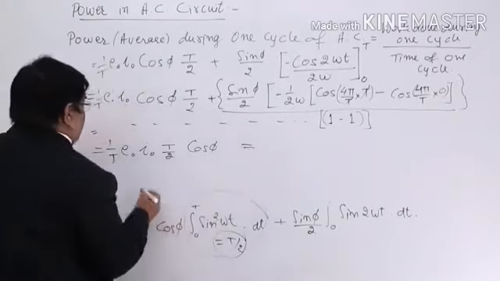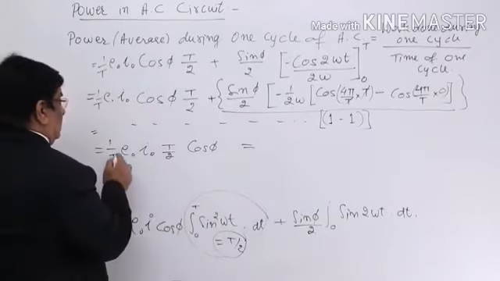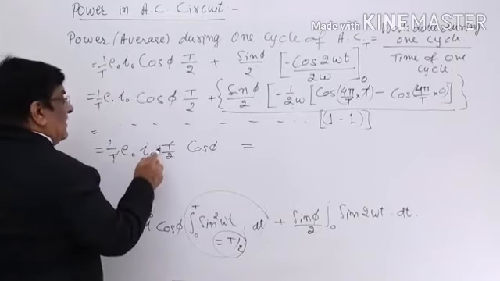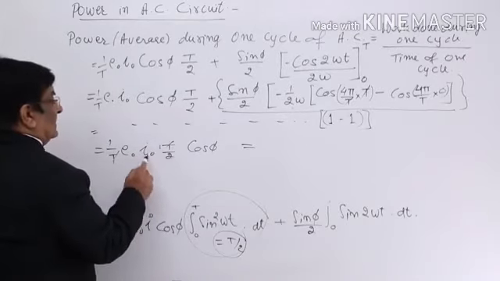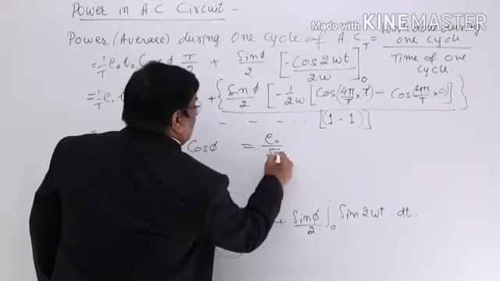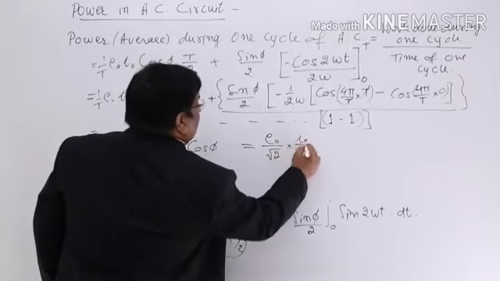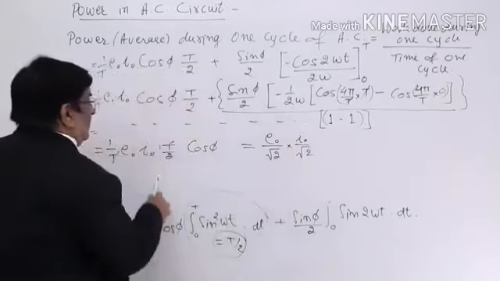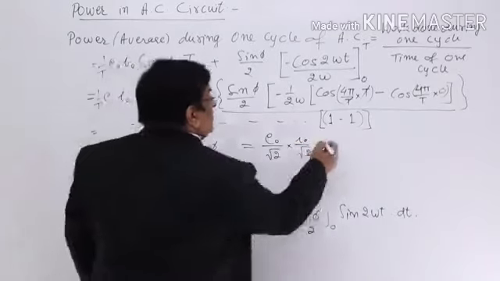Here T is cancelled, and this is 1 upon 2. We divide it into two parts, root 2, so we can write E naught upon root 2 multiplied by I naught upon root 2 into cos phi.